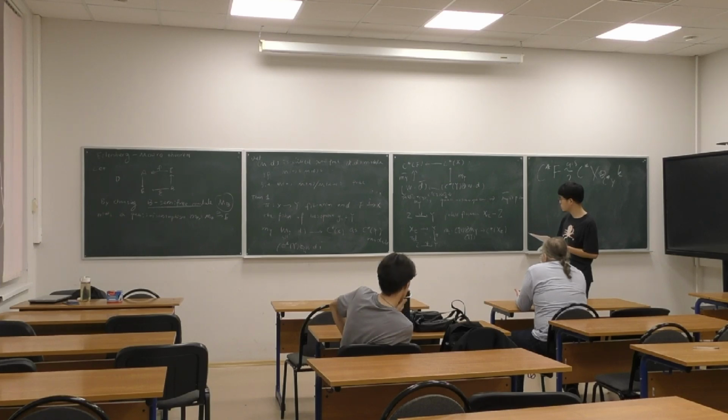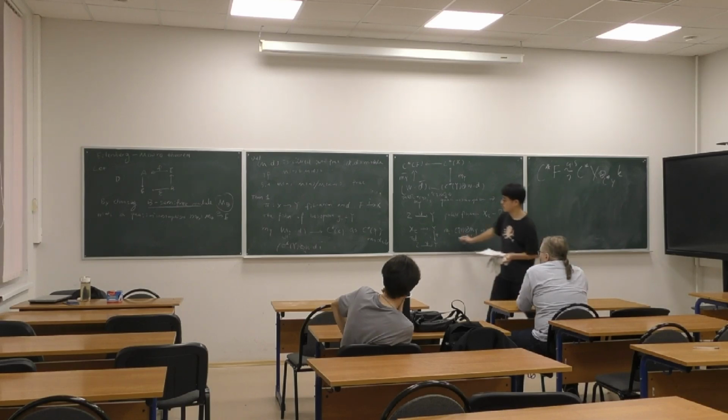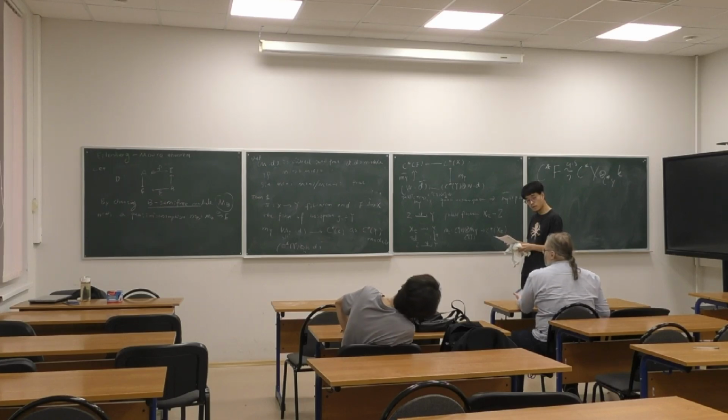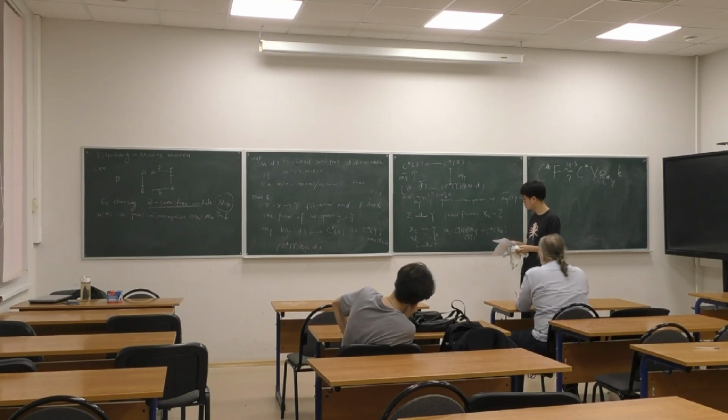I understand C upper star of Z, but I do not understand M in this formula. What is M? M is the same thing. M is C upper star of y times a double. Well, please write it on the blackboard.